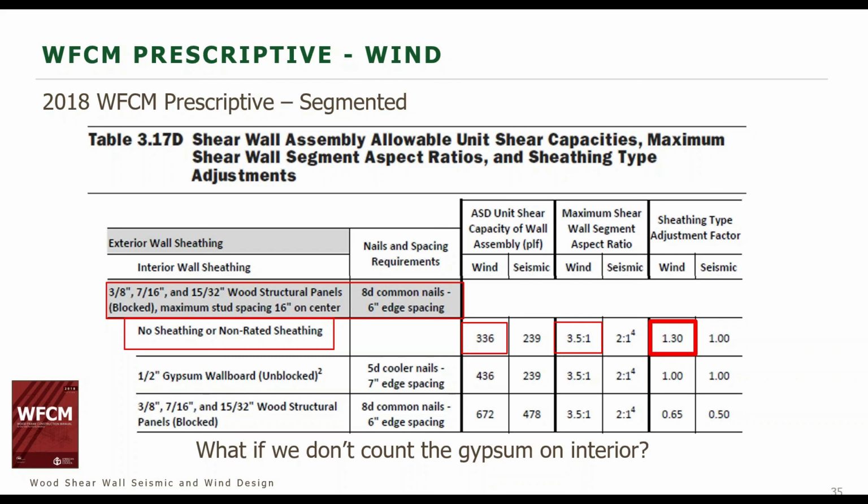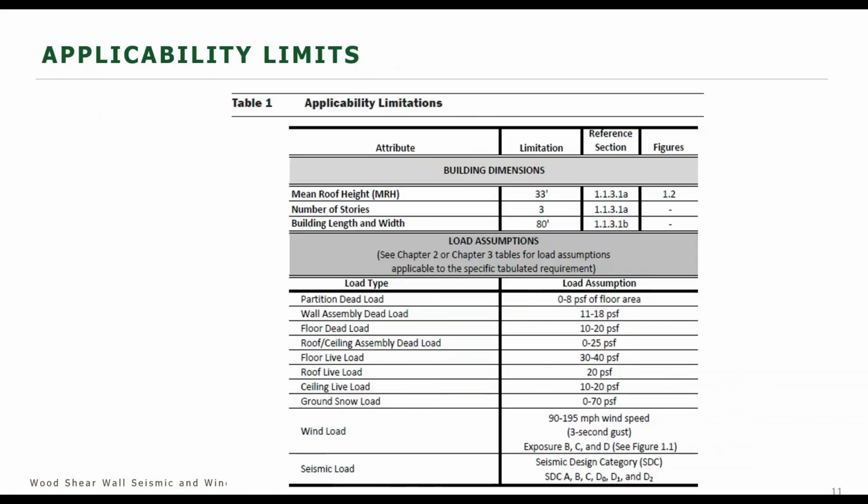People were asking about the maximum roof height. What is the maximum roof height? For the Wood Frame Construction Manual, the maximum mean roof height is 33 feet. If we're looking in our tabulated values for things like Table 3.17A, they assume a wall height and a top plate to ridge height of 10 feet.